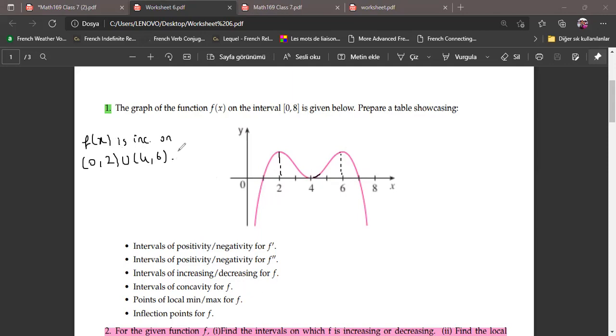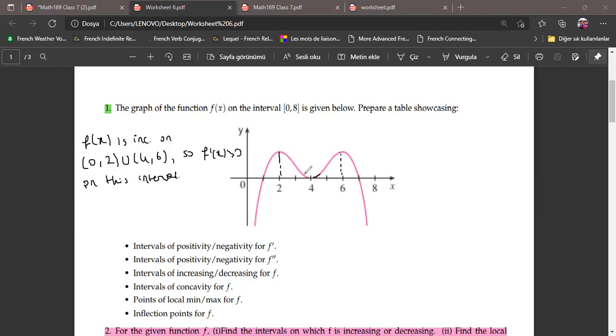So f prime is greater than 0 on this interval. Okay. What about negativity?